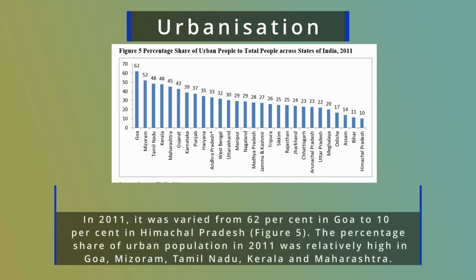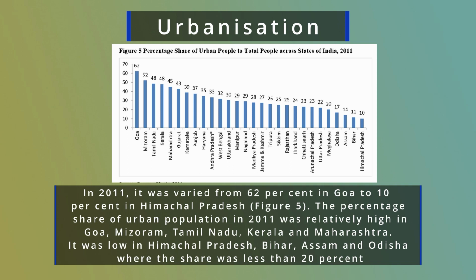Here you consider the particular census year 2011, that is the latest census in our country. The urbanization was 62% in case of Goa, whereas the rate of urbanization is only 10% in case of Arunachal Pradesh. In case of Bihar, it is only 11%. In case of Assam, it is 14%.